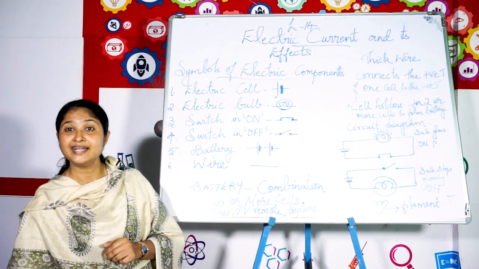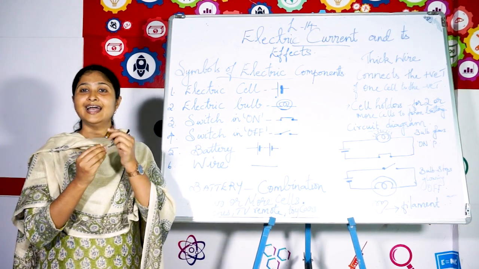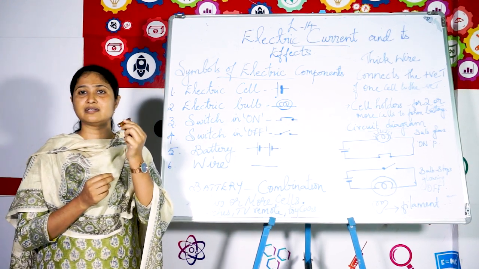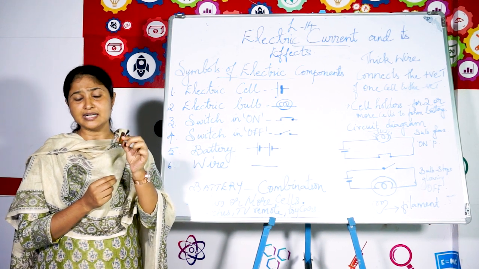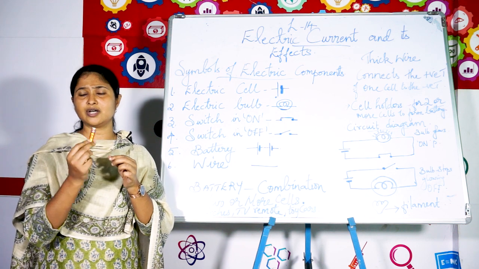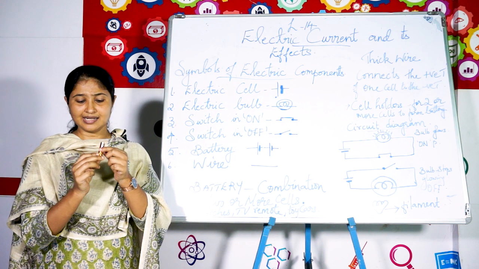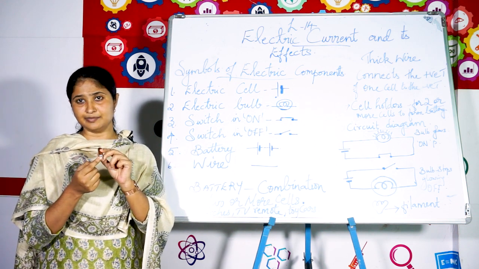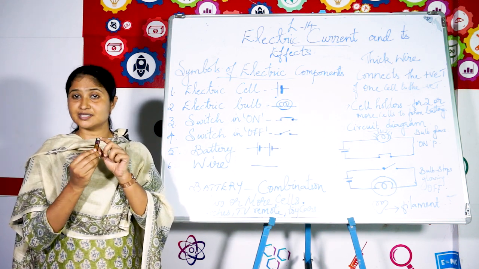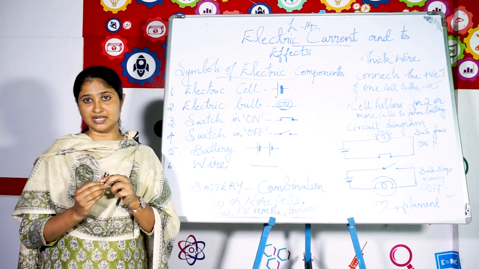You might have seen this electric cell in your houses, it is very common. It has two terminals. One is the positive terminal and another one is the negative terminal.